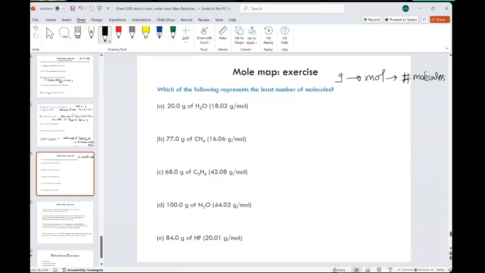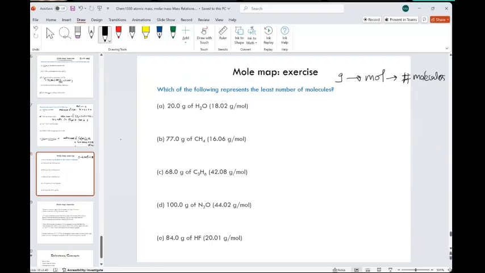Is not that the thought process? So you have gram given. You need to find the mole first, and then you can find out number of molecules, because we have another important relation.